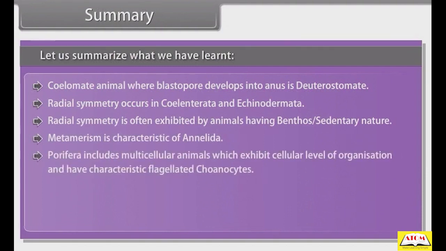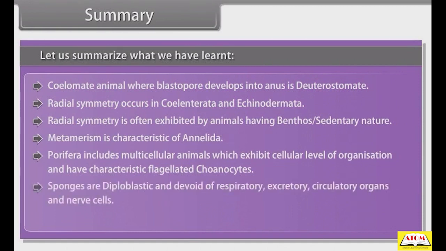Porifera includes multicellular animals which exhibit cellular level of organization and have characteristic flagellated choanocytes. Sponges are diploblastic and devoid of respiratory, excretory, circulatory organs and nerve cells. Canal system is found in sponges.